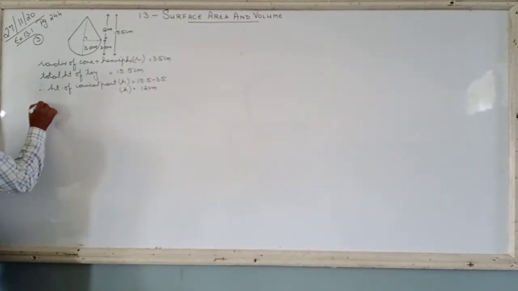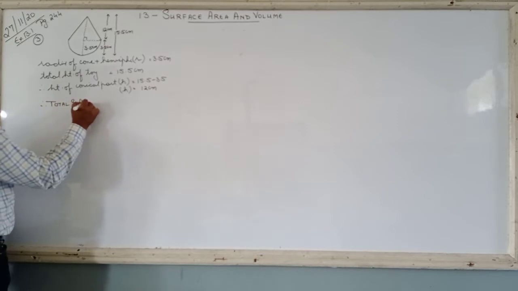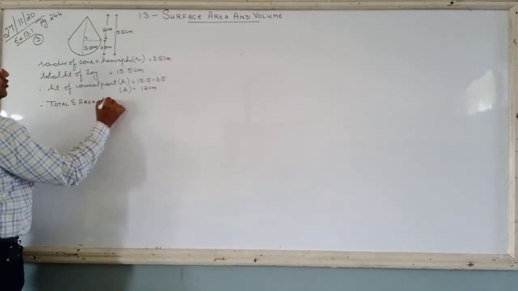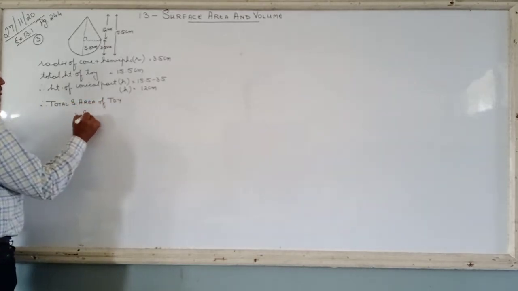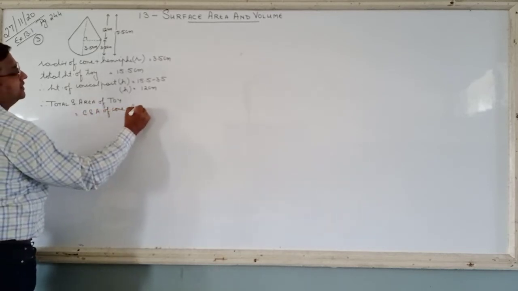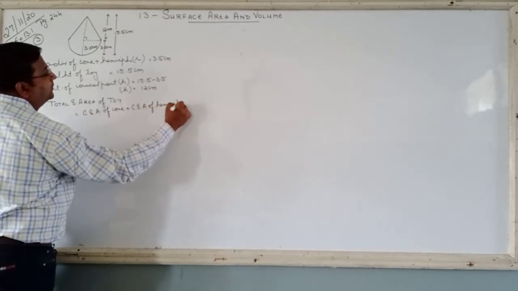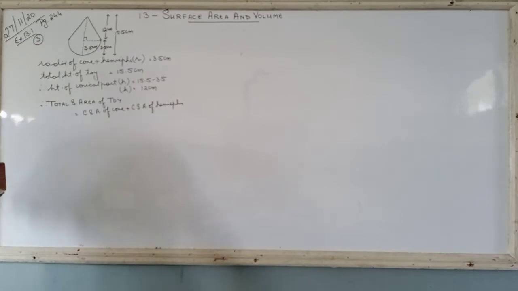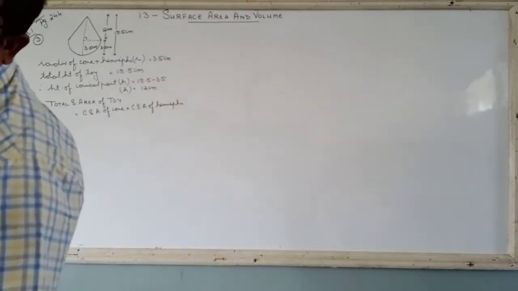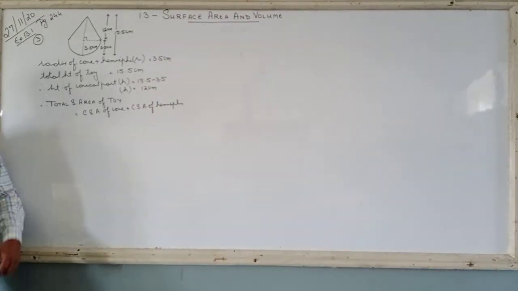So total surface area of toy is equal to curved surface area of cone plus curved surface area of hemisphere. It will not be total surface area. That is why I have shown these figures to you, so that you can identify what we mean by total surface and curved surface.